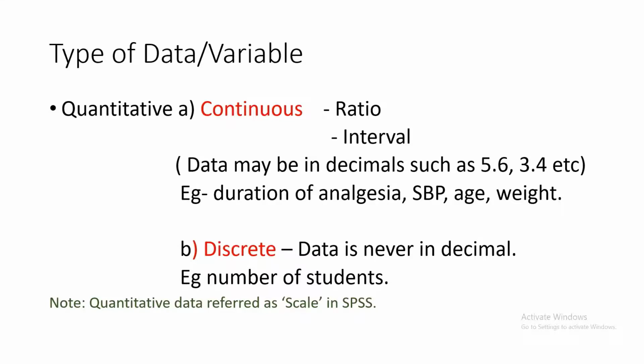Another example is the number of students. The number of students is either 300 or 350. It cannot be 300.23. So, discrete. There is a difference between continuous data and discrete data, but both of them are quantitative data. And in SPSS, quantitative data is referred to as scale.